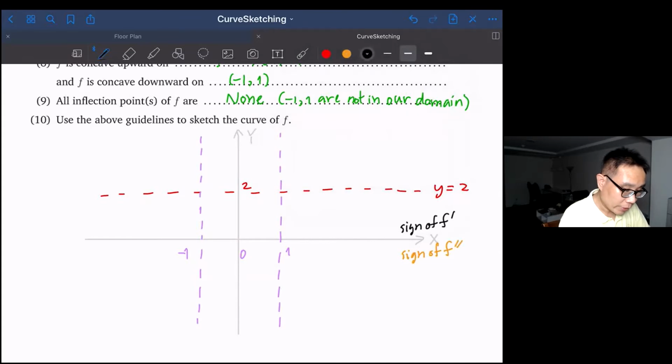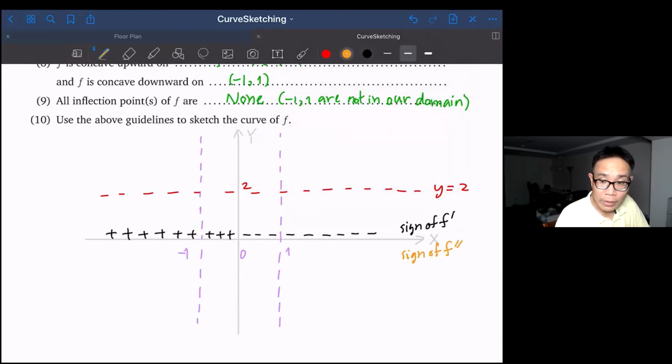For the sign of f prime, it's going to be negative when x is more than 0, and positive when x is less than 0. And for the sign of f double prime, it's going to be positive when x is more than 1, negative when x is between 0 and 1, and positive again.